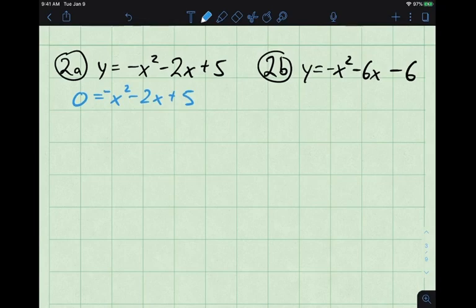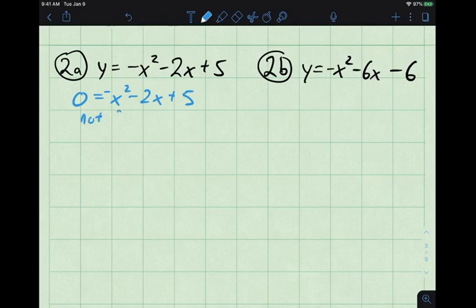Becomes a bit harder. So when I look at this, I don't think we can factor it easily, because when you think about all the factors that multiply to 5, none of those would get you to 2x, because it's just 5 and 1. Can't do much there. I think for this problem too, 6, 2, 3, 1, yeah, we can't. So for these two problems, what ends up happening is we can't solve, right?